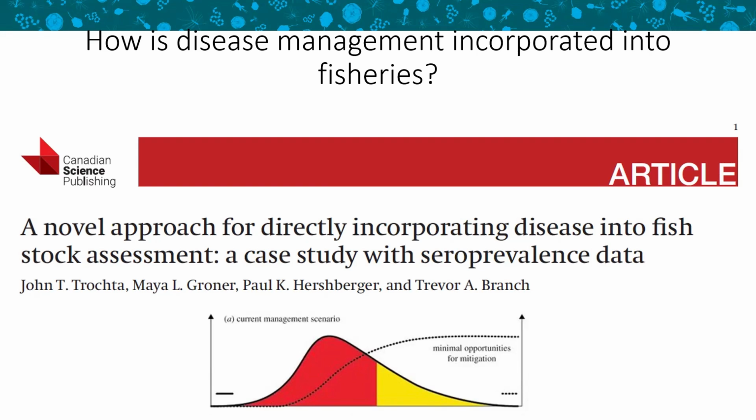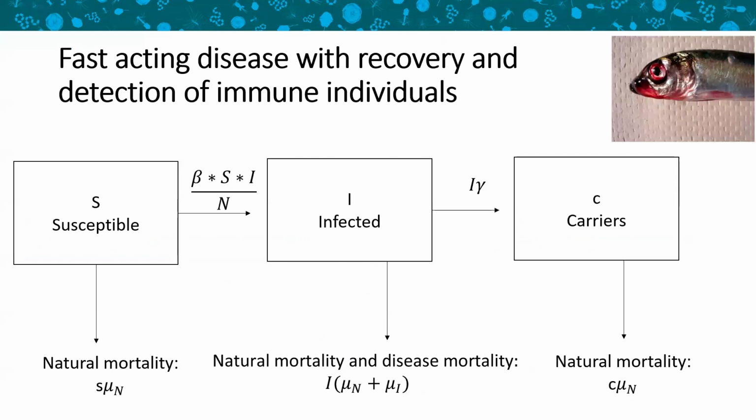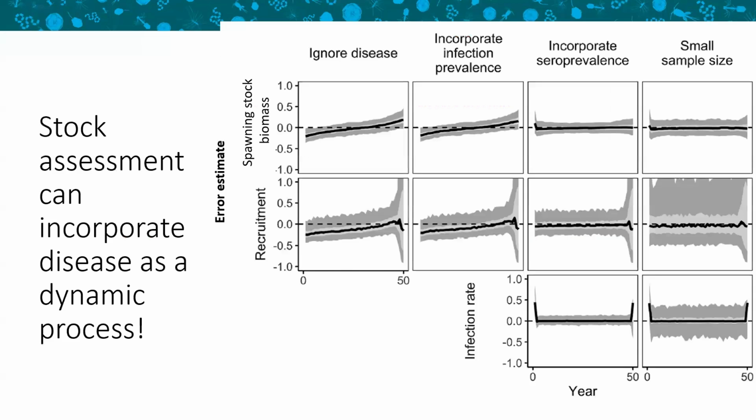So I'm going to skip going over the details of this for the sake of time, but feel free to ask questions or I can point you towards the paper. And my hope is that this type of approach might be able to be adopted for certain fisheries. Just going to skip over this example.